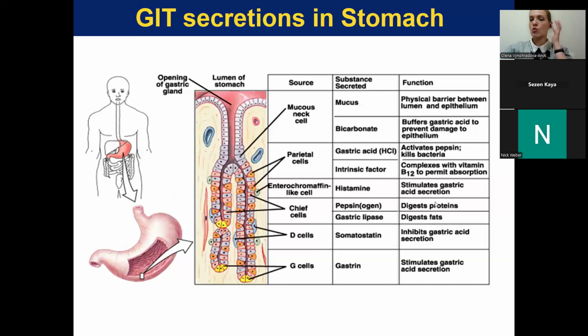On the picture, you can also see that here we have gastric lipase, but gastric lipase works only for newborns and small children for digestion of milk. After that this enzyme is closed and does not work in an adult person.